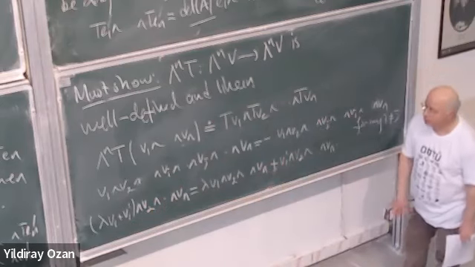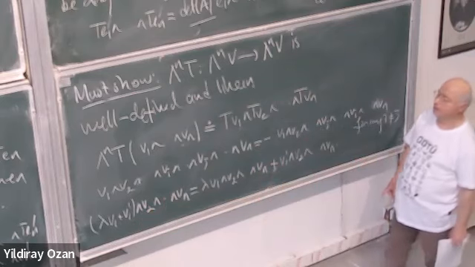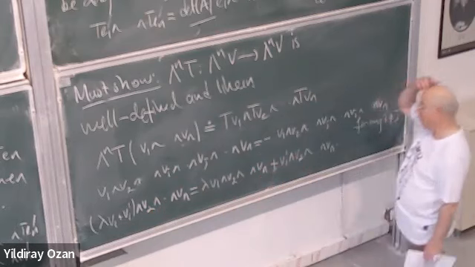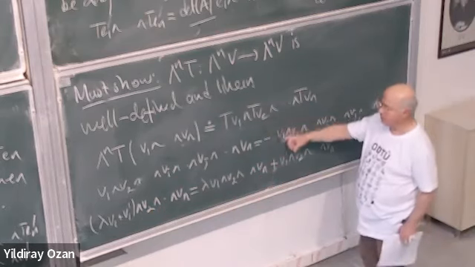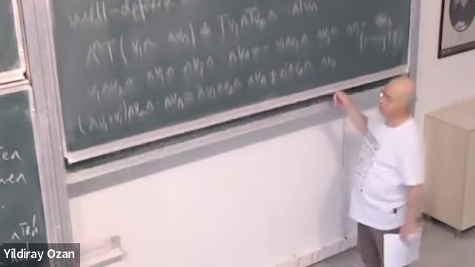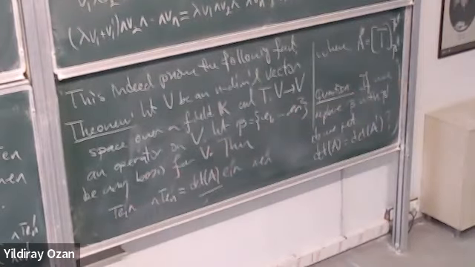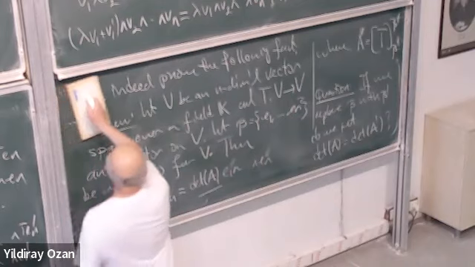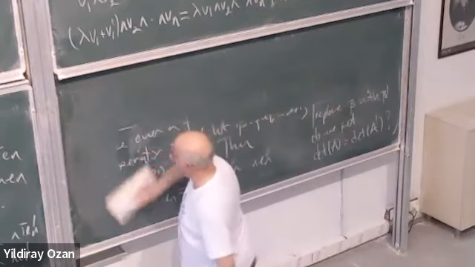So what I have to show then is that this map respects this change of representatives. So if I use different representations, I get the same thing. Let's see if it is the case.